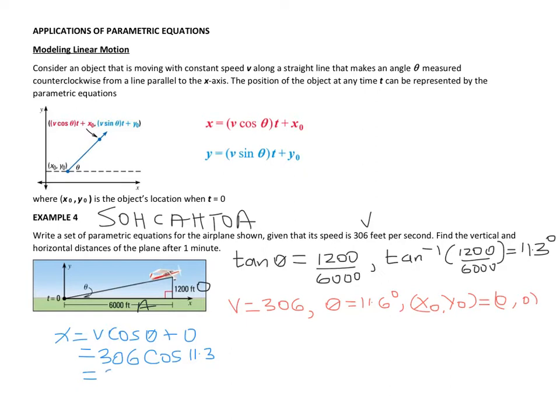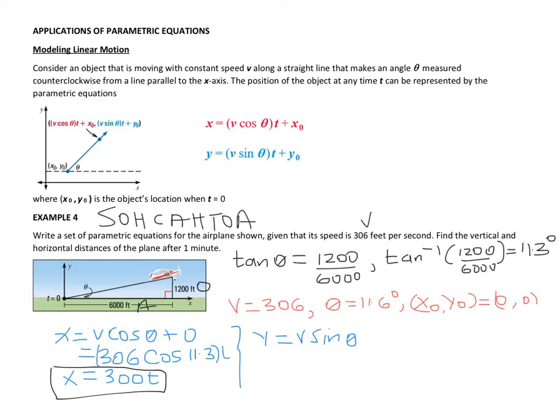300 t. So we get 300 t. Now I go to the next one to find the parametric equation for y, and this is going to be y is equal to v sine theta, and here I forgot to write t.